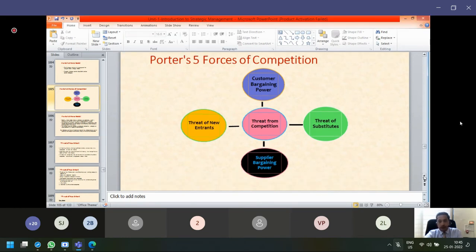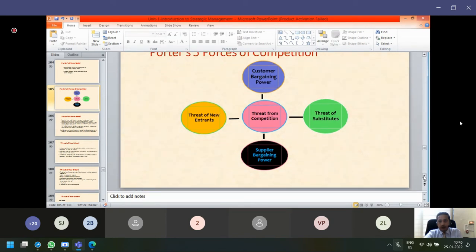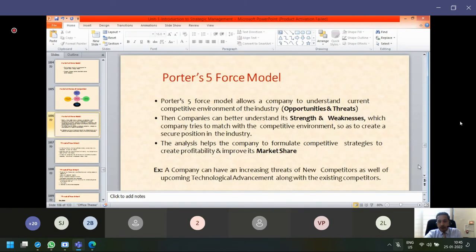Now we'll have to discuss all these 5 forces in detail. What are these 5 forces? How do they help a company understand industry attractiveness? So Porter's 5 force model allows a company to understand the current competitive environment of the industry.